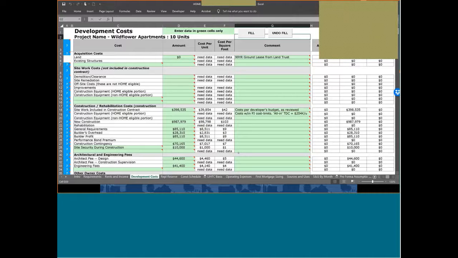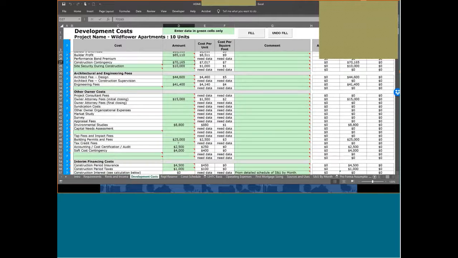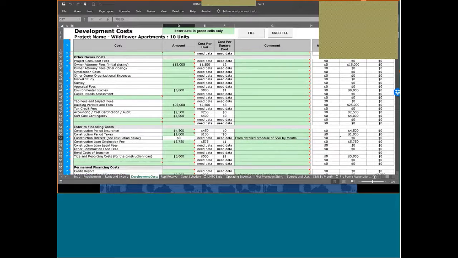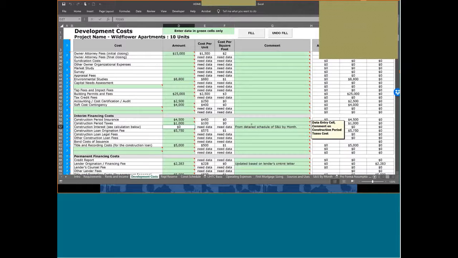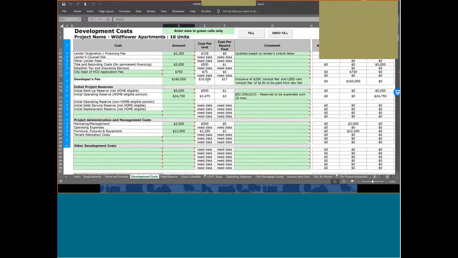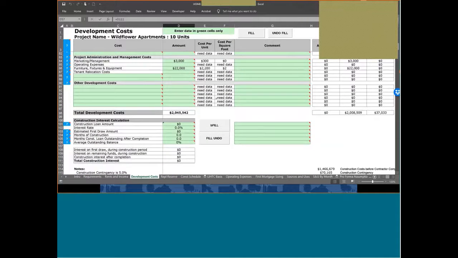And that kink shows up, I think, on row 57. I can just scroll down. And it's asking you for the construction interest cost as an element of your development costs. And that's blank at the moment. So as we go down, we could see where we deal with that. And we're going to deal with this as a two-step process.